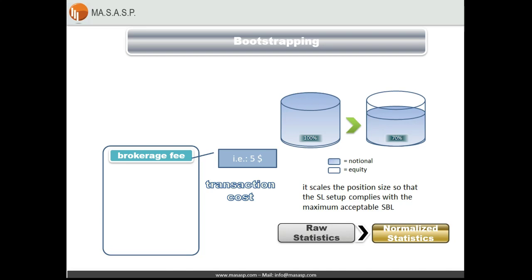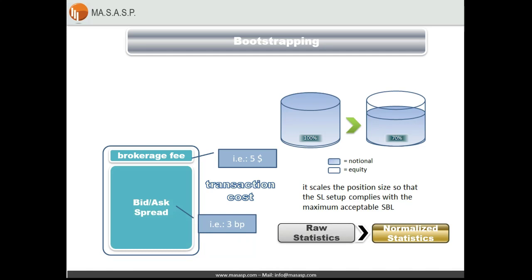Then we have the second cost item, the bid-ask spread. That is the biggest cost item and is a variable cost in that it is proportional to the notional value. It could be 3 basis points, for instance, meaning 0.03% of the notional value.